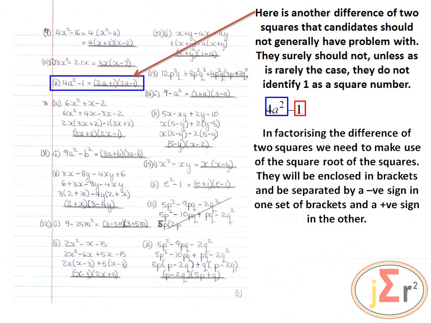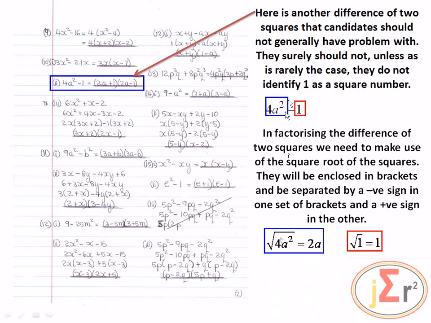In factorizing the difference of two squares, we need to make use of the square root of the squares. They will be enclosed in brackets and be separated by a negative sign in one set of brackets and a positive sign in the other.